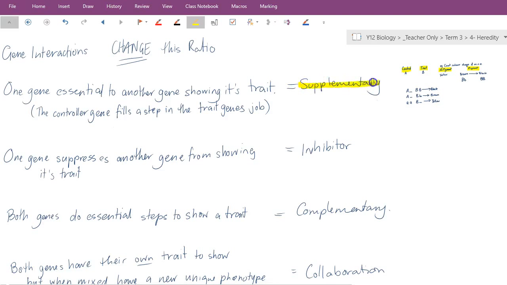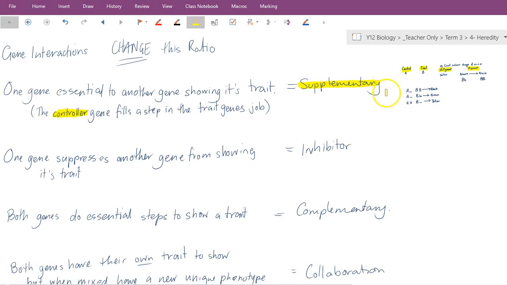Now this is where one gene actually controls the first step of whether or not another gene is shown, and because of that, if the first gene is not present or doesn't make its protein properly, the other one can't work at all. So think of it sort of like a control relationship, where the first gene actually controls whether or not the second gene can actually show itself or not. Okay, because it controls the steps.